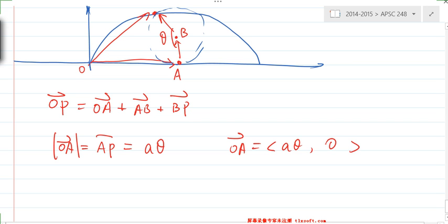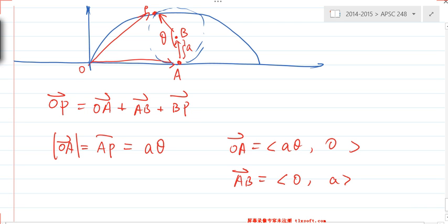Similarly, you can find AB and BP. AB is pretty easy because it's a straight line and doesn't change at all. AB has a length of a. And what's the x coordinate for AB? The only tricky part is BP.